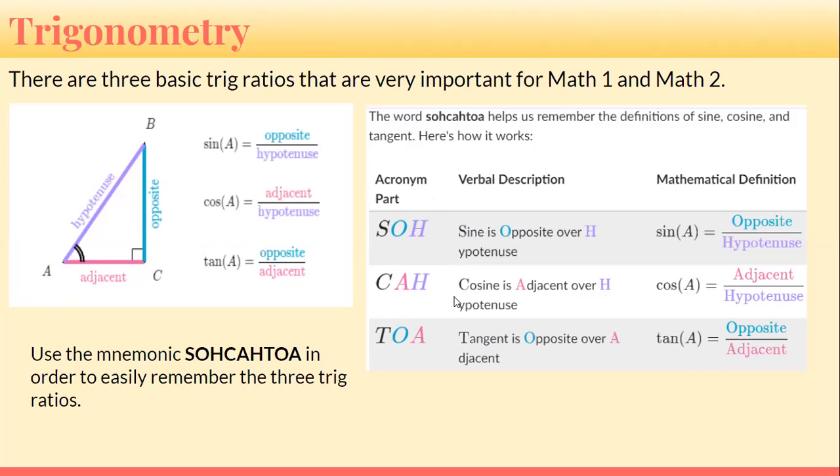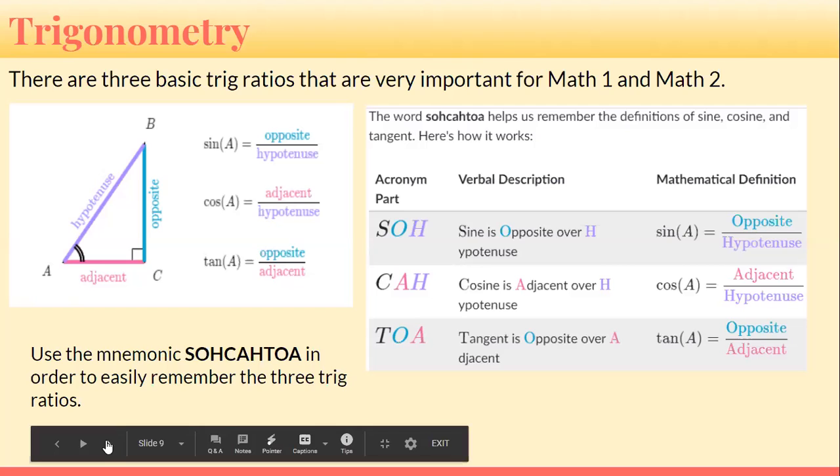So use the mnemonic SOHCAHTOA in order to easily remember the three trig ratios, okay? These are very, very important for Math 1, Math 2, and Math 3, okay? You guys might have already known these, but I'm going to show you some advanced stuff in the coming slides.